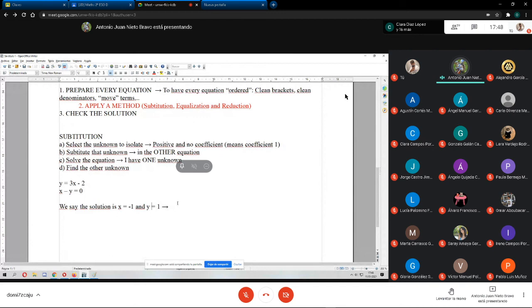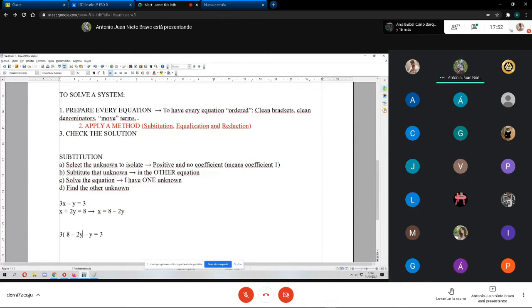Instead of writing 3x minus y equals 3, I'm going to write 3, not x, 8 minus 2y, because 8 minus 2y is x. Questions? Do you understand? This is the difficult step for you.